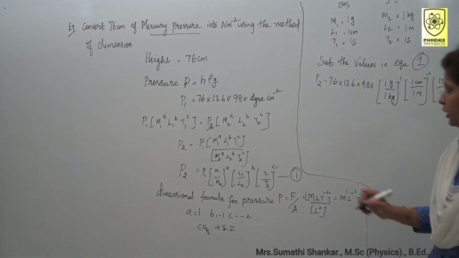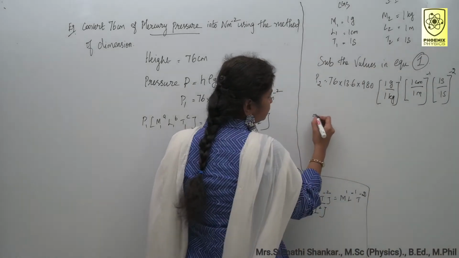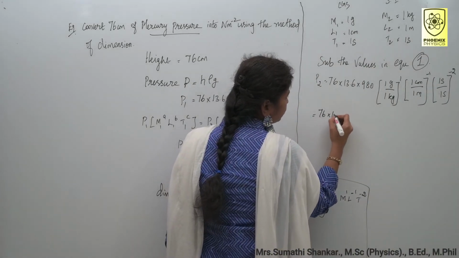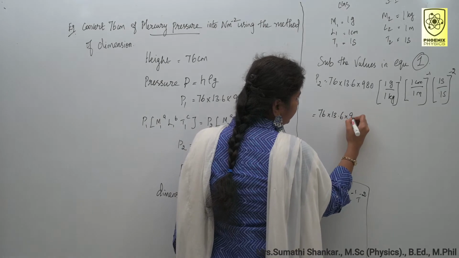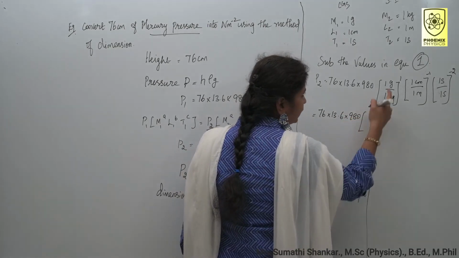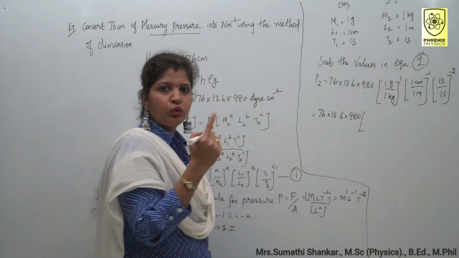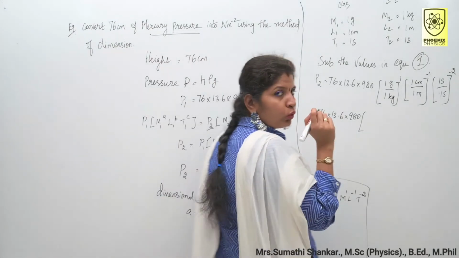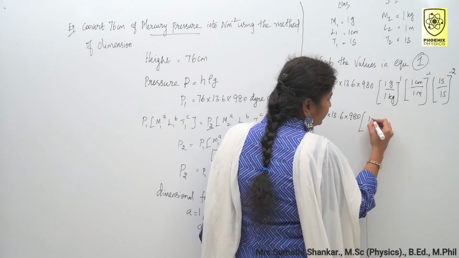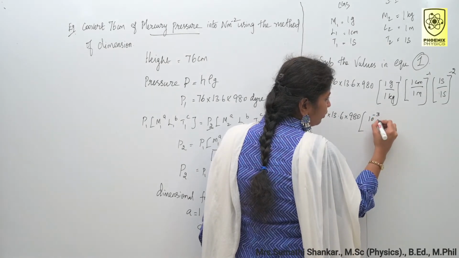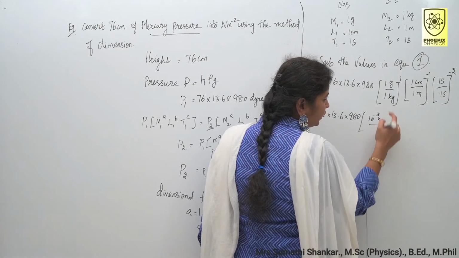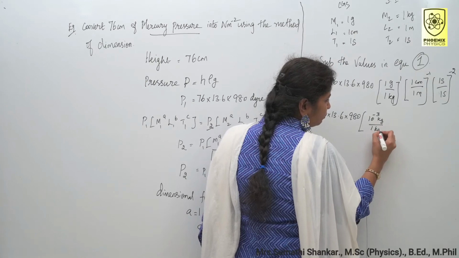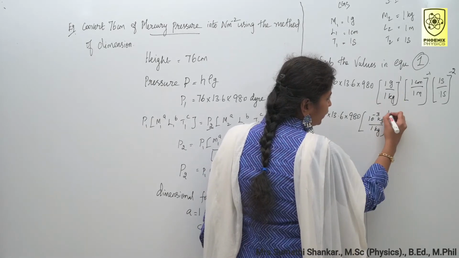Up to this clear? Next, 76 into 13.6 into 980, here 1 gram is equal to 10 to the power of minus 3 kilogram. I hope you know that. So 1 gram is equal to 10 to the power of minus 3 kilogram divided by 1 kilogram, the whole power 1.